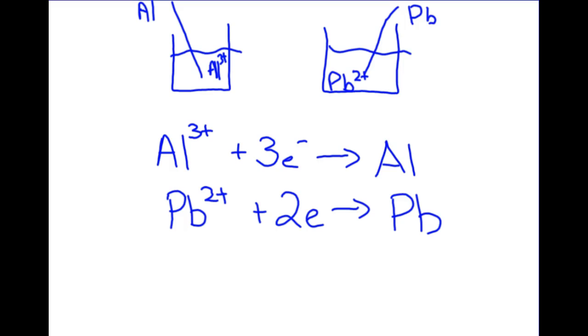Where's Al3 positive? Down towards the bottom. Keep going. Did you find it? I found it. Okay. So Al3 positive, aluminum. Oh sorry, that is aluminum. I wrote it down in the wrong place.